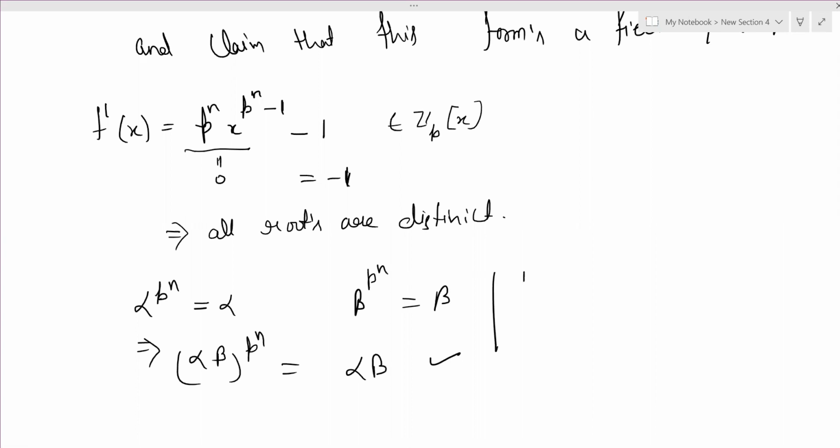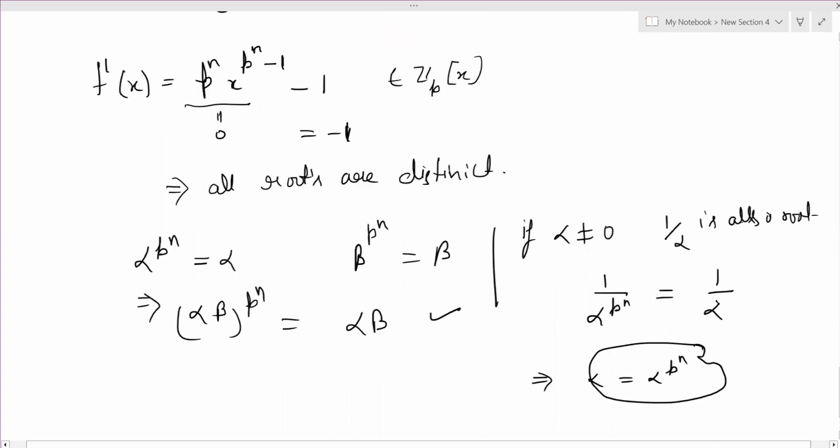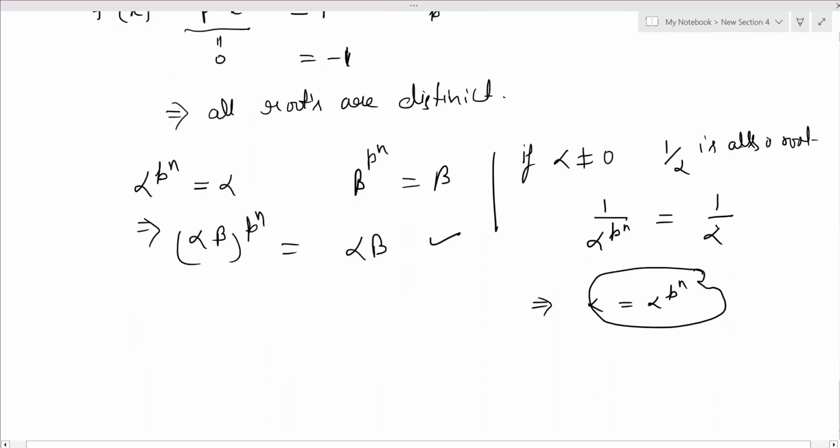If alpha is non-zero, then you want to say 1 upon alpha is also a root. For that, you need to show 1 upon alpha p to the power n is equal to 1 upon alpha. That is precisely alpha equal to alpha p to the power n, but that is given by the polynomial condition. So you are done. Alpha inverse is also there.